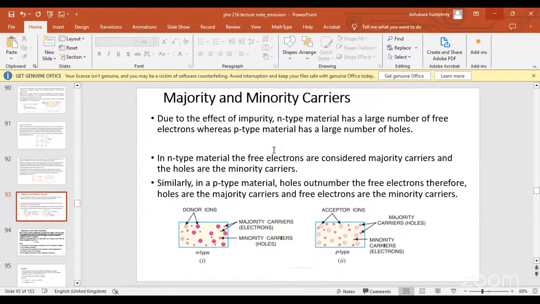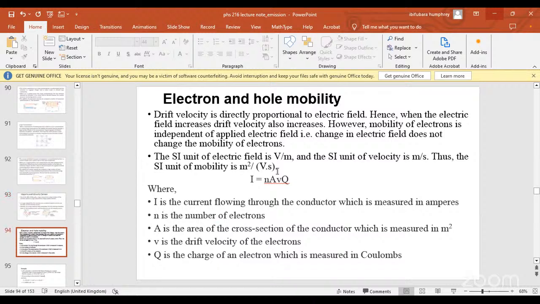For instance, in N-type semiconductor material, since we have free electrons, majority carriers are electrons, while minority carriers are holes. And in P-type semiconductor, there are no free electrons as such. Holes outnumber the free electrons. Therefore, majority carriers are holes, while minority carriers are electrons.